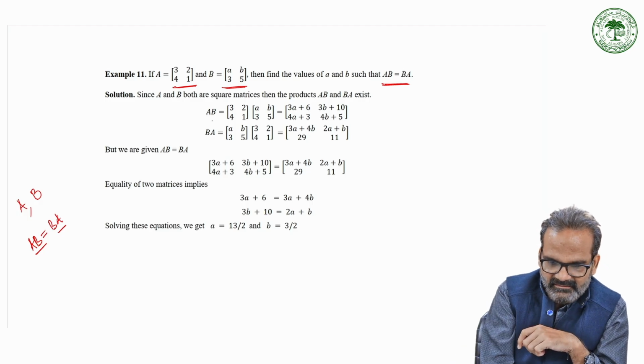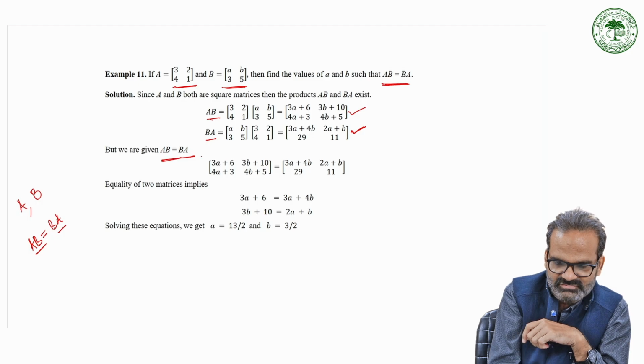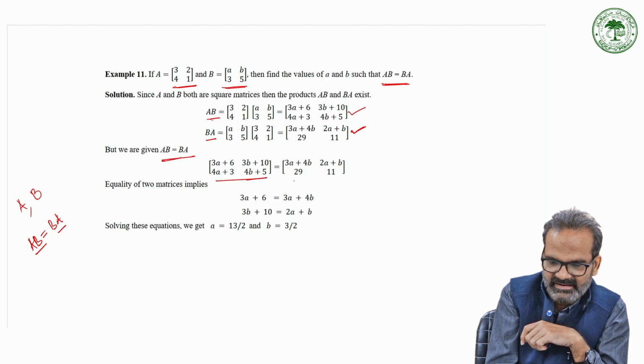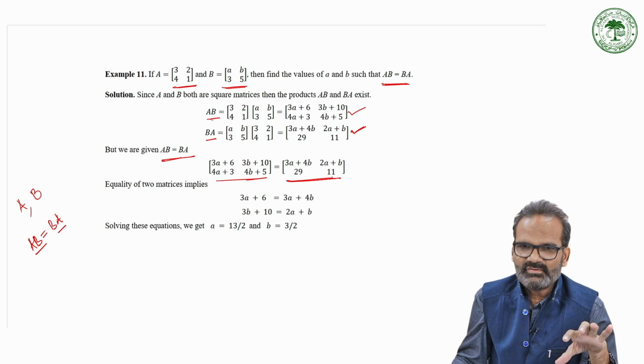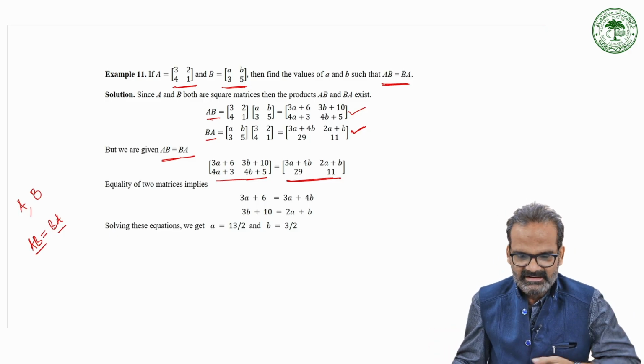So AB, if we multiply A with B, we are getting this matrix, and if we multiply B with A, we are getting this matrix, right? What is given here? AB is equals to BA. So AB this matrix, BA this matrix, both matrices are equal, and you know if two matrices are equal, it means their corresponding elements are equal.